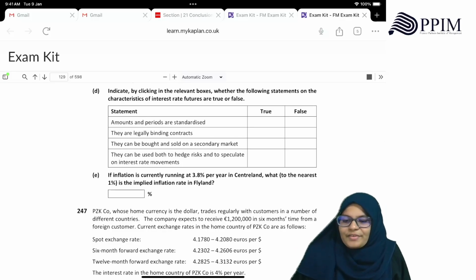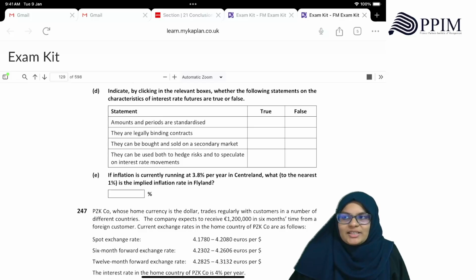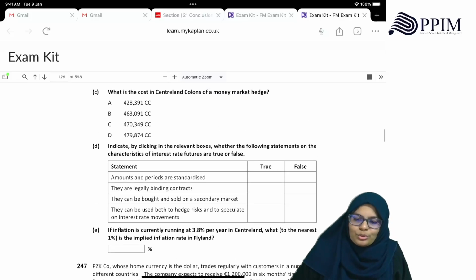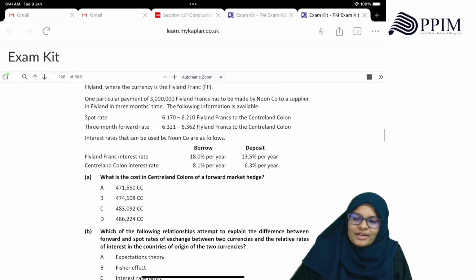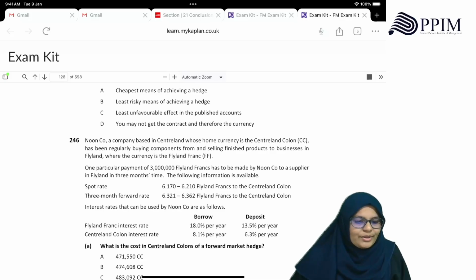He is saying if inflation is currently running at 3.8% per year in Centerland, what, to the nearest 1%, is the implied inflation rate in Flyland? So they've given me the inflation in Centerland. They're asking me the inflation rate in Flyland. Now think, what equation can you use to figure out inflation rates? What do you think you can use?